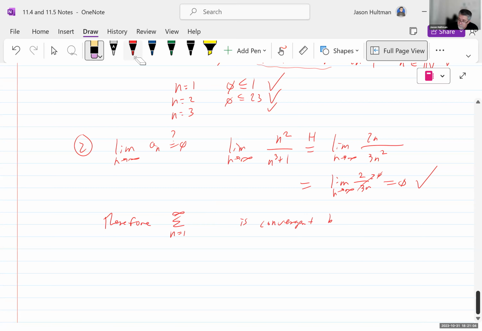I'll tell you that right now. It would diverge. So this converges: (-1) to the n minus 1 power of n squared over n cubed plus 1 is convergent by the alternating series test.